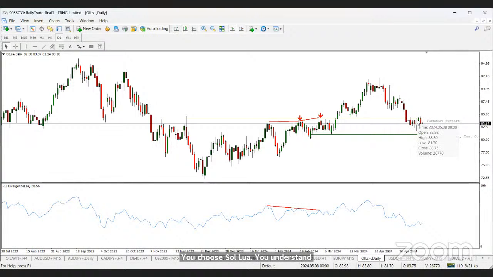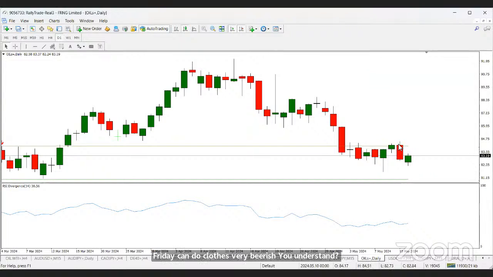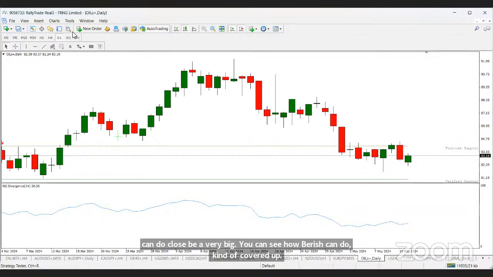So it's already giving us a lot of bearish sentiment, especially when Friday candle closed very bearish. You understand? You can see how the bearish candle covered up even the hammer and the confirmation that we had, right?